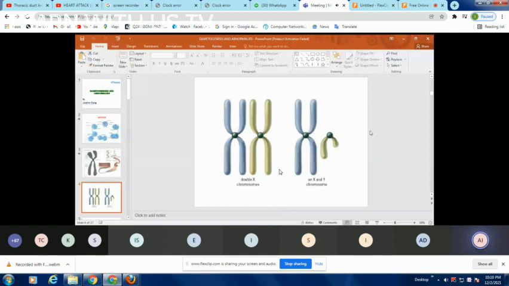Can you look at this slide and say something? Who is ready to say something? Lecturer, we're just seeing the chromosome for the male and for the female, and that's it.